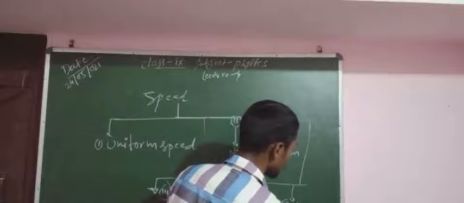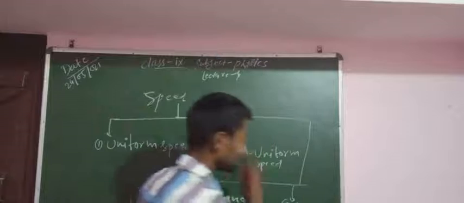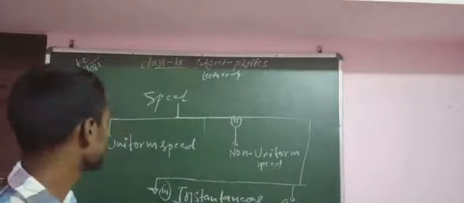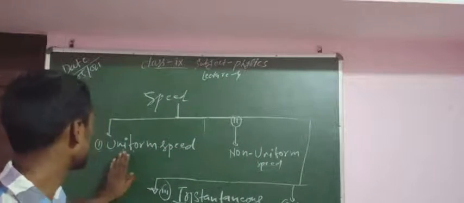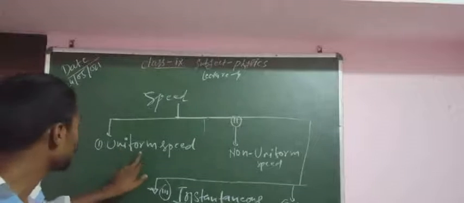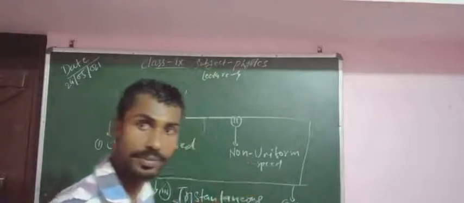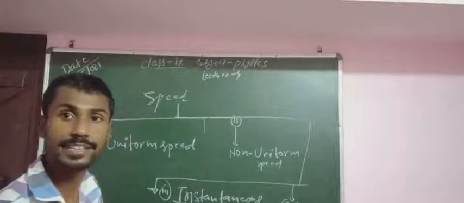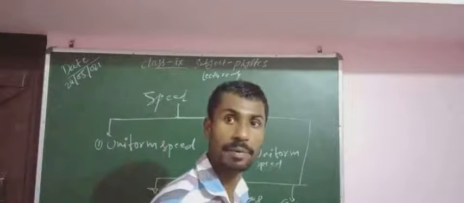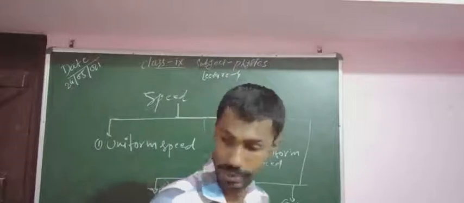Basically, today we will discuss mainly four points: uniform speed, non-uniform speed, instantaneous speed, and average speed.